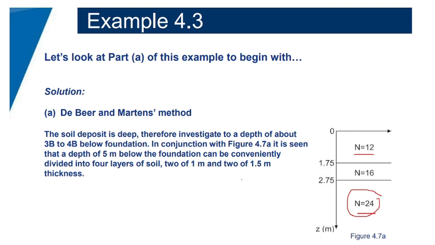So take note, as I said, that your depth should be 2B to 4B. If B is 1.5, 2B is 3 meters and 4B is 6 meters. So the total depth of consideration from below the footing should be a maximum of 6 meters, from 3 meters going to 6 meters.